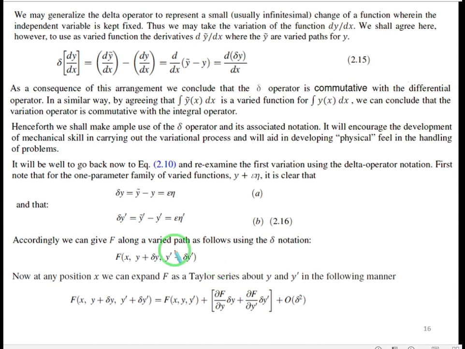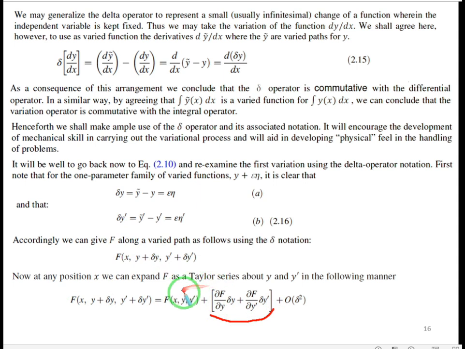For example, if f is an arbitrary function of x, y, and y dash, we can easily say that using Taylor series, the first variation of f with respect to y can be calculated by this formula.